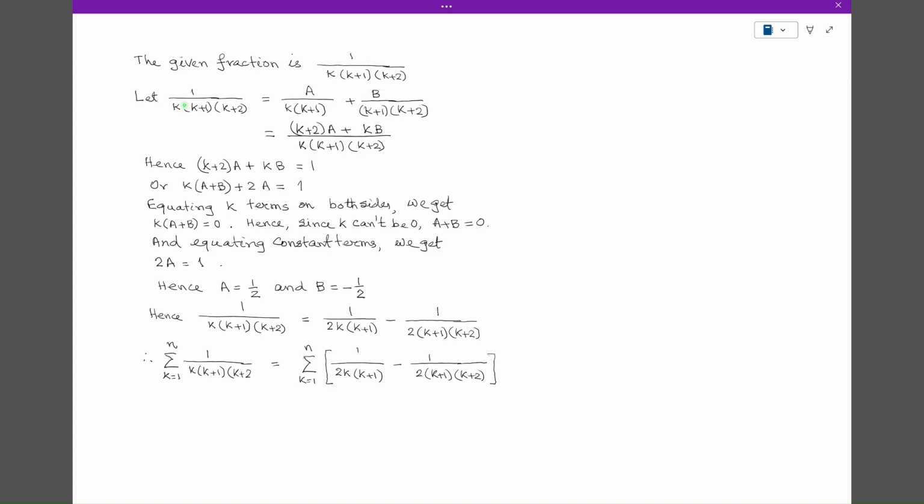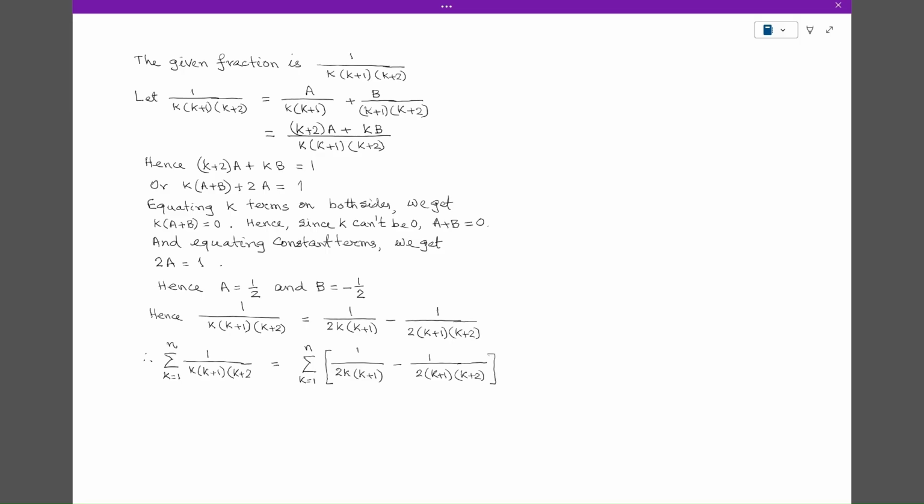That means 1 divided by k multiplied by k plus 1 multiplied by k plus 2 is equal to a divided by k multiplied by k plus 1 plus b divided by k plus 1 multiplied by k plus 2. If you do the addition, the denominator becomes k, k plus 1, k plus 2 as it is here, and the numerator becomes k plus 2 times a plus kb.